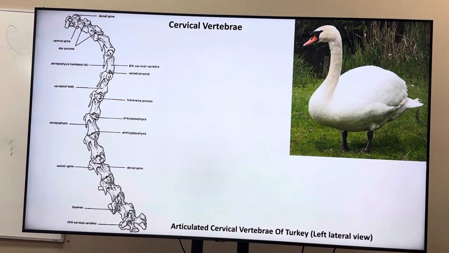Yeah, the minimum you could get in birds is 8, because they have a huge variation across different species and breeds of birds. And in chicken we have 14, and sometimes 17.